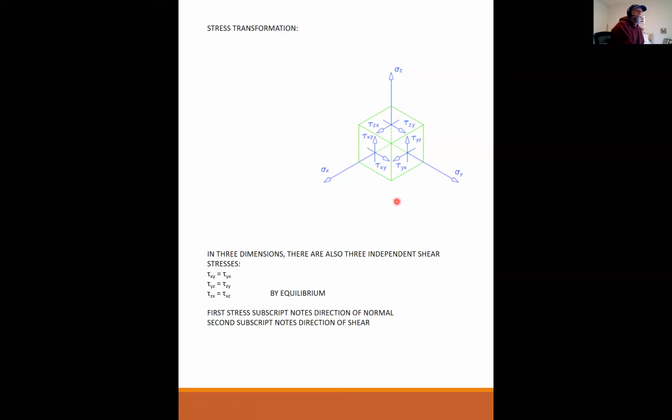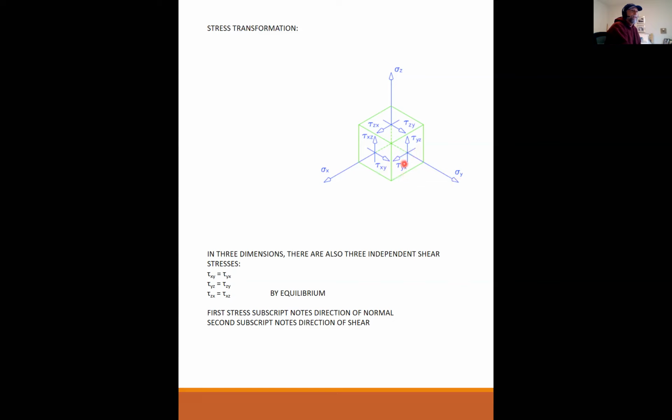Okay, so on each one of these shear subscripts, you have to have a sign convention that tells you exactly what direction it's going. So the way that we've established this is the first subscript notes the direction of the normal. So right here, tau yx, y is the normal. That tells you which face the shear stress is on, and then the x tells you in what direction the shear stress is going.